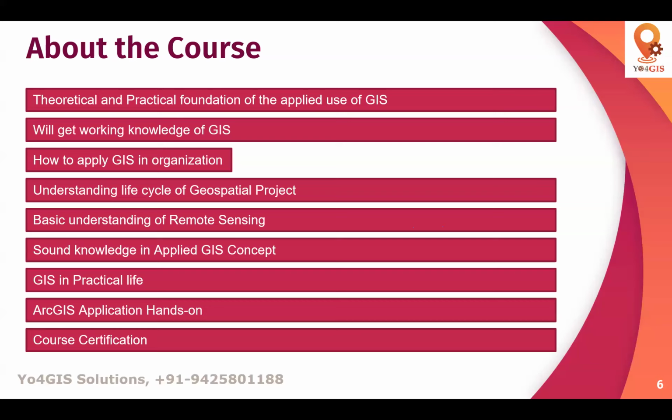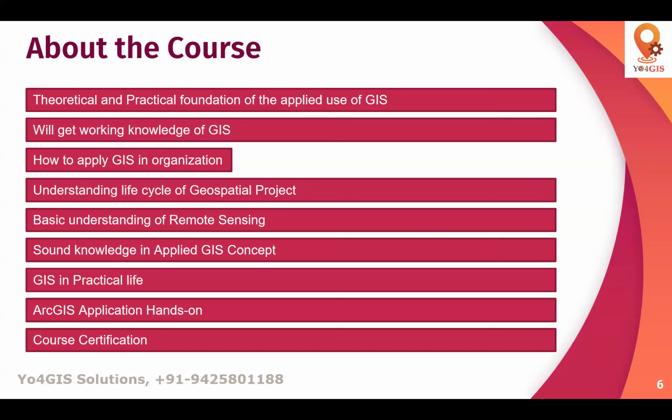So we will discuss many different types of use cases, like how we can use GIS in disaster management, in the insurance sector, in urban planning, rural planning, in mining, and in planning of land acquisition. There are n number of places.